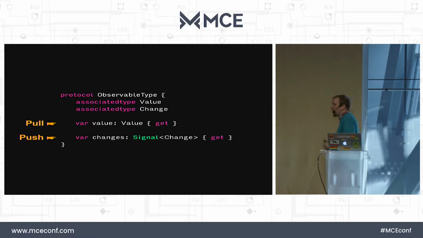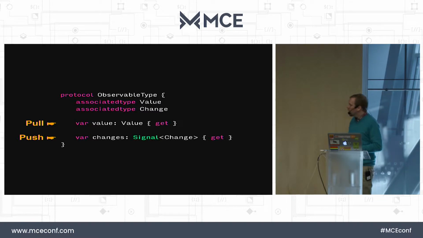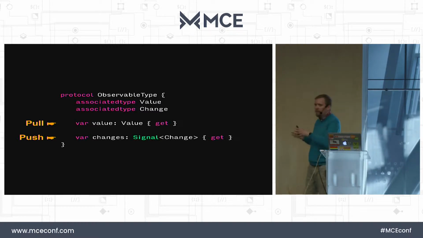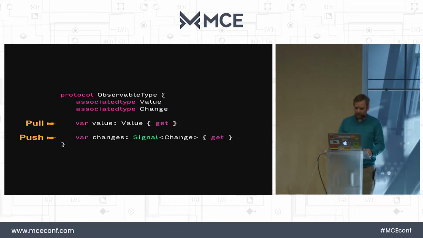Finally, we also need to have a way to subscribe to changes on this observable. And the construct I use here, the signal, comes from ReactiveX. It has a similar construct there. It is an object that you can give closures, for example, and whenever somebody sends an event on this signal, that closure will get called with the change that describes the update. So, for example, let's make things a little bit more concrete.